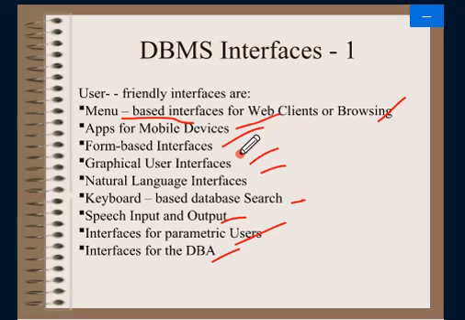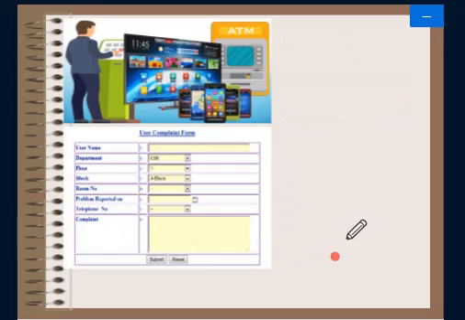Forms are usually designed and programmed for what type of end user? Naive and parametric end users, in the form of canned transactions. I told you about canned transactions, no? So I have given a simple form here.